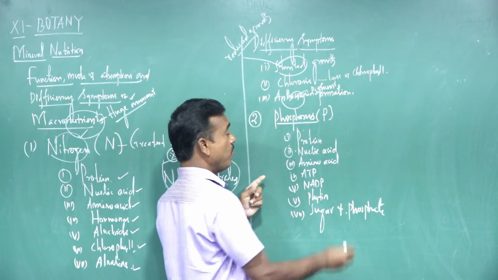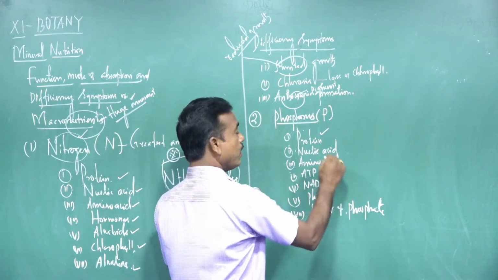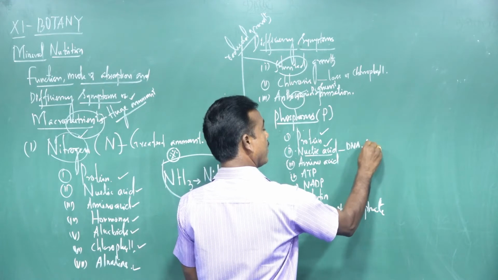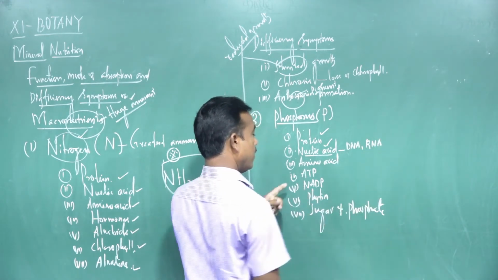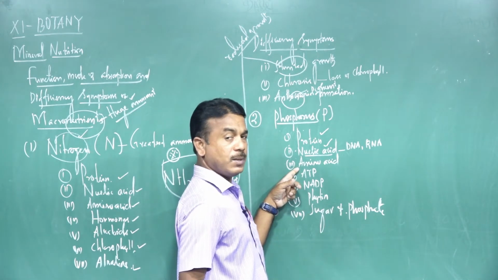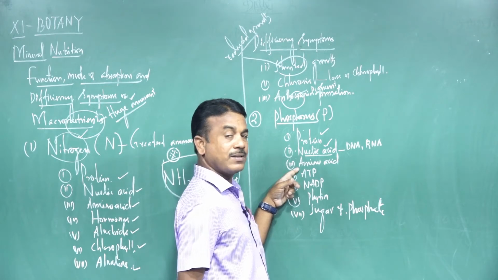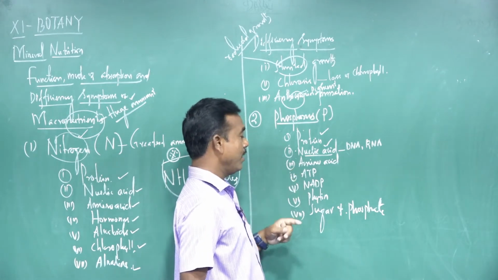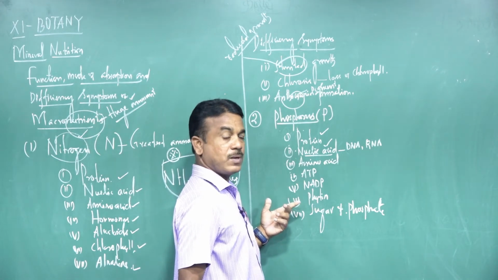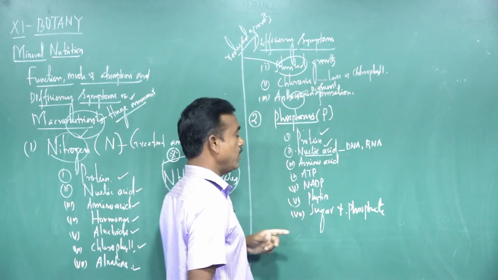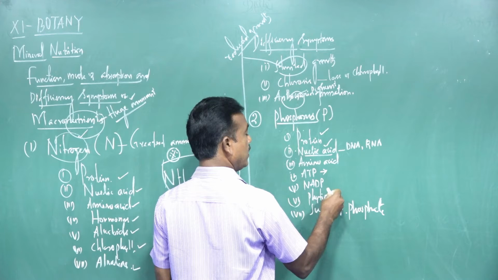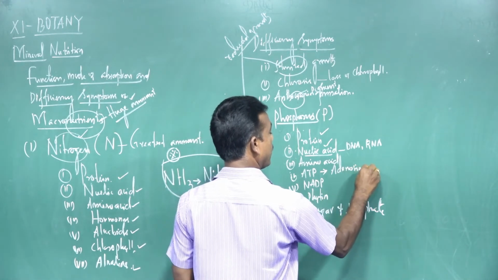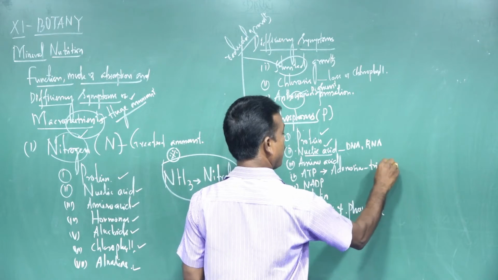It is essential for the formation of protein and nucleic acids like DNA and RNA. There are 23 amino acids, among them essential and non-essential amino acids. Also it is needed for the production of the energy component ATP. ATP stands for adenosine triphosphate.